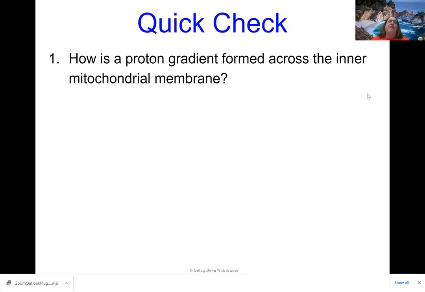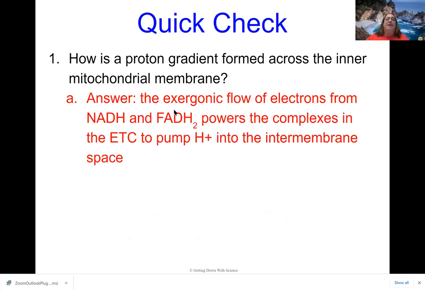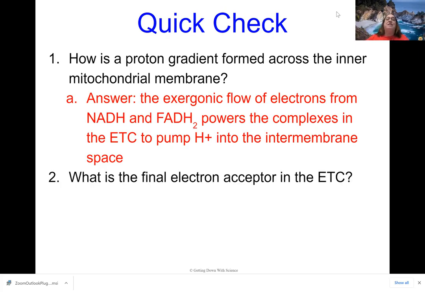Quick check. How is a proton gradient formed across the inner mitochondrial membrane? So the answer is that the exergonic flow, the energy releasing flow of electrons from NADH and FADH2 powers the complexes in the electron transport chain to pump hydrogen ions into the inner membrane. That's what makes this gradient. What is the final electron acceptor in the electron transport chain?